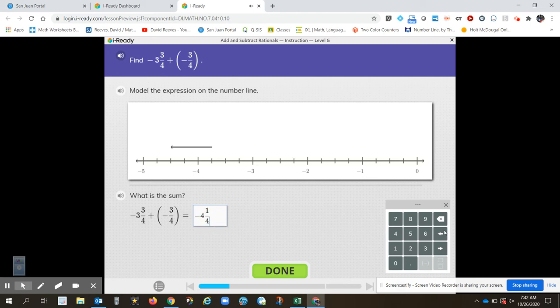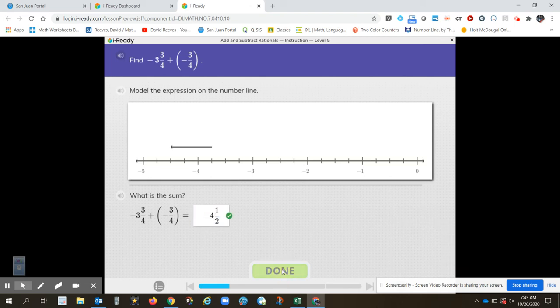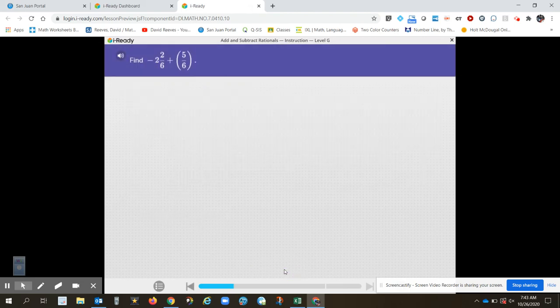Let's see if they go with that answer, because even though it is 2/4, 2/4 simplifies to 1/2. Come on, Mr. Reeves, you can do this. There we go. So there's negative 4, 1/4, 2/4. But see how that's halfway between negative 4 and negative 5? Negative 4.5 is actually the best way to put that answer. All right.